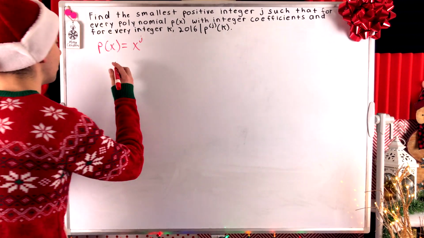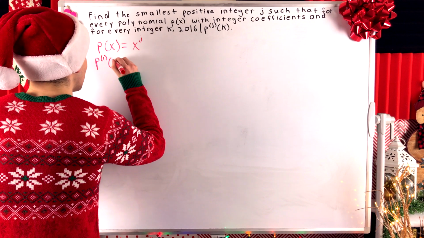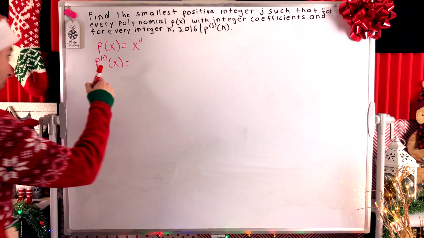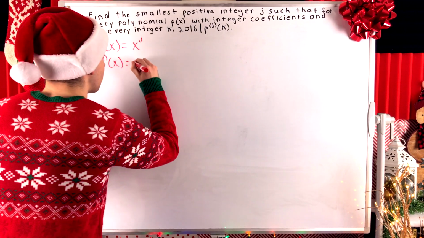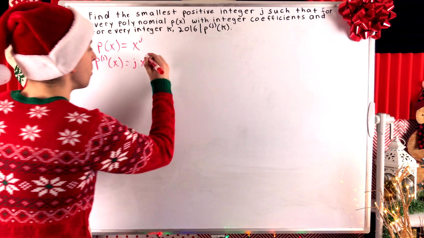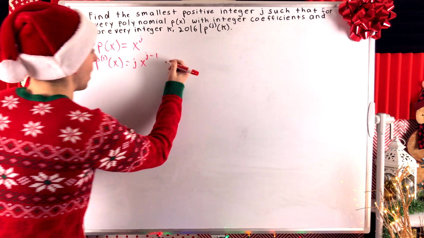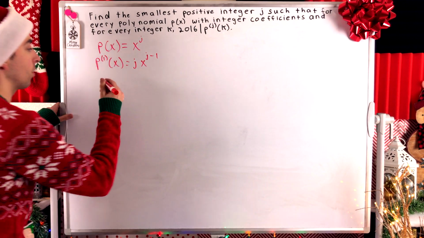Well, let's just take it step by step and look at the first couple derivatives to get an idea of the pattern that will emerge. Of course, if we take the first derivative, the exponent drops down as a factor, so we have j times our variable term, whose exponent gets reduced by 1. So it's jx to the j minus 1. That's our first derivative.